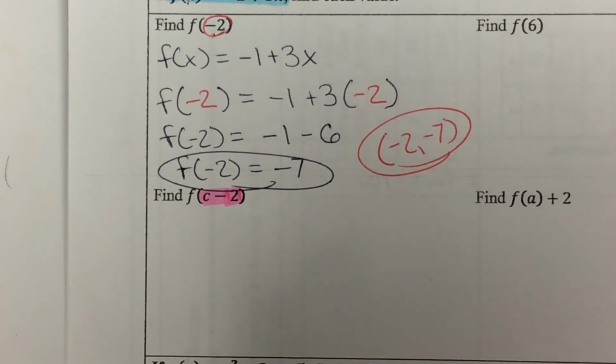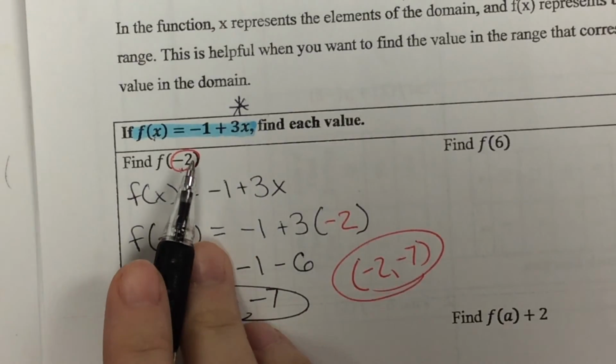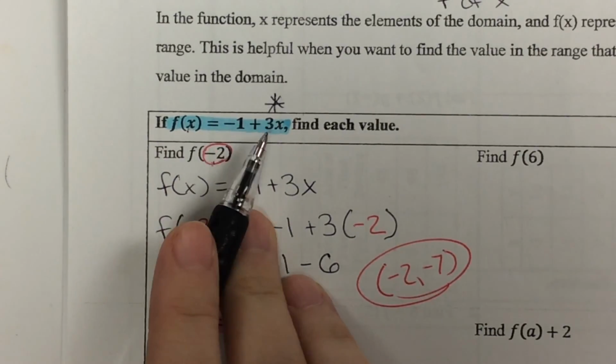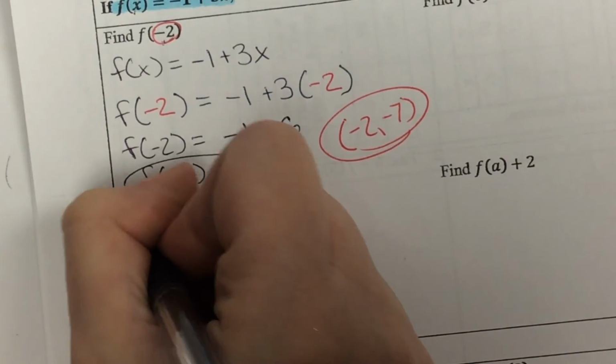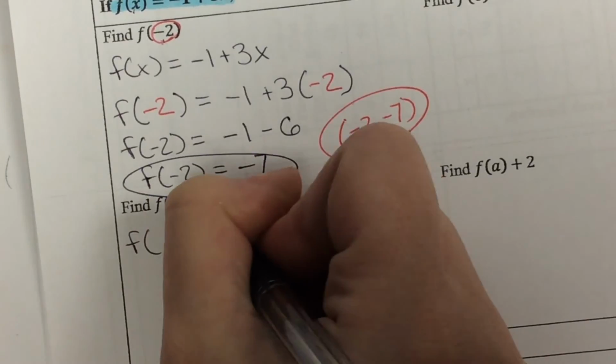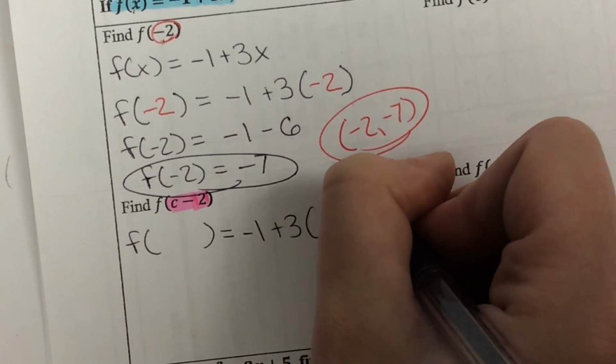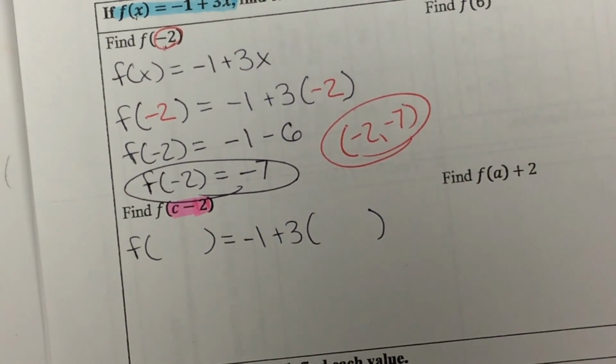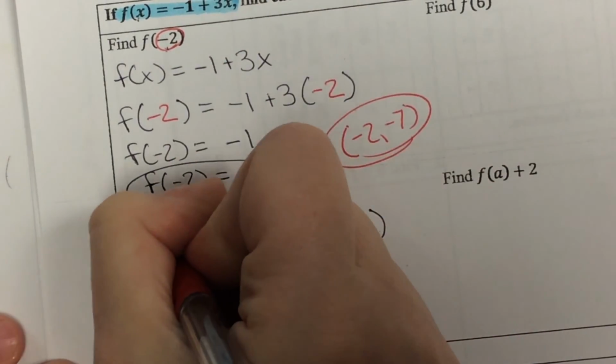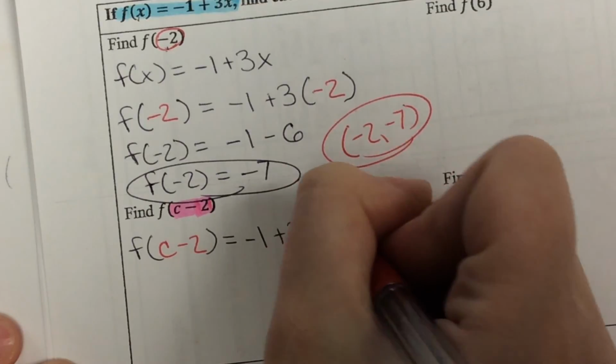All right, so we still have that same function that we're going to use, -1 plus 3x. So f equals -1 plus 3, and what we're substituting in is c minus 2, c minus 2.